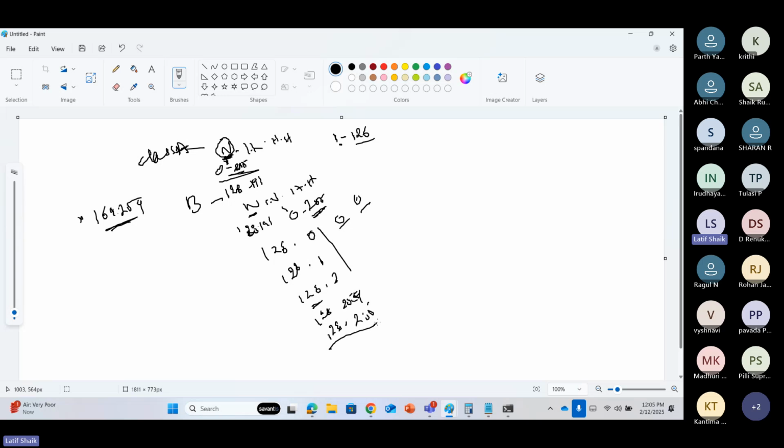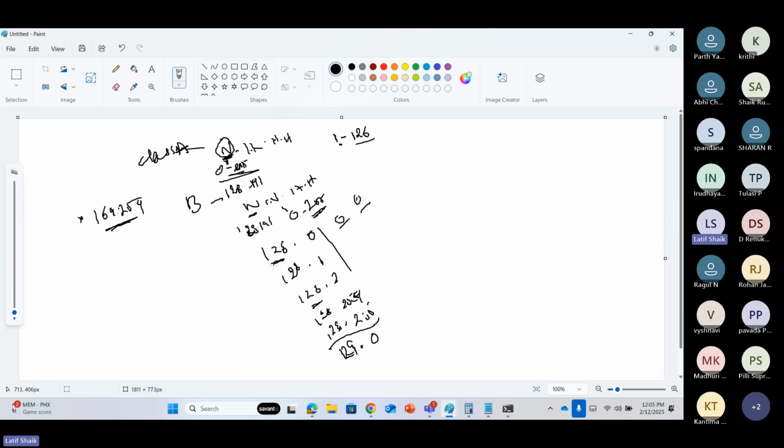Now it is again 129, still class B only. Again it starts. It means each one from 128 to 191 gets 256 combinations. That much big. So 129 to 191.